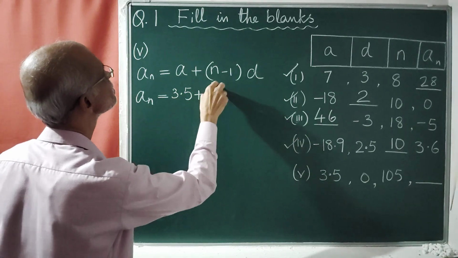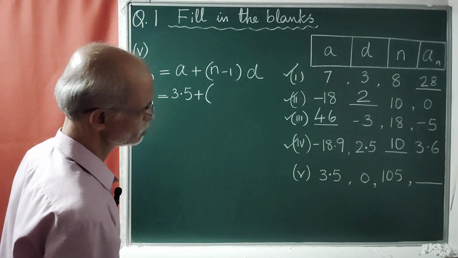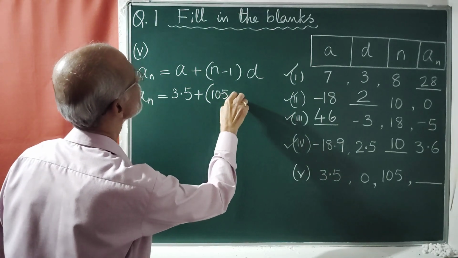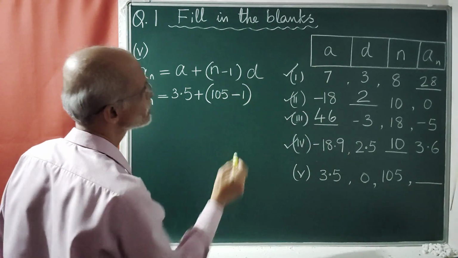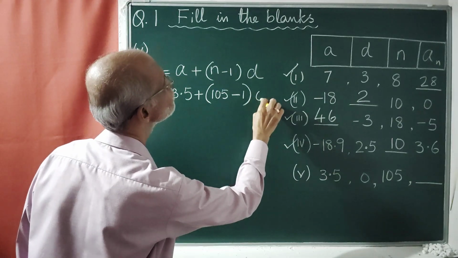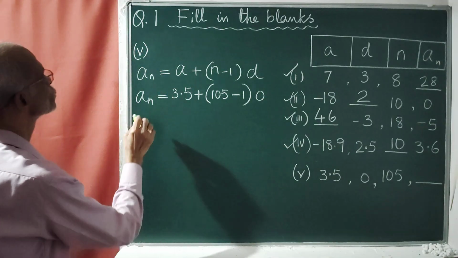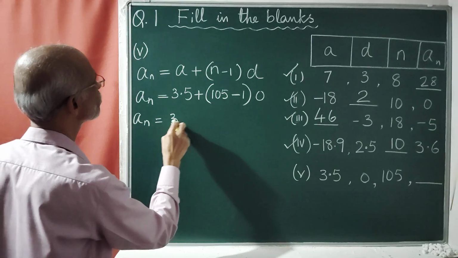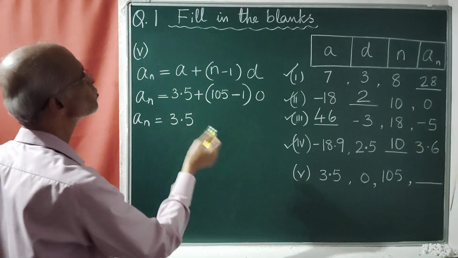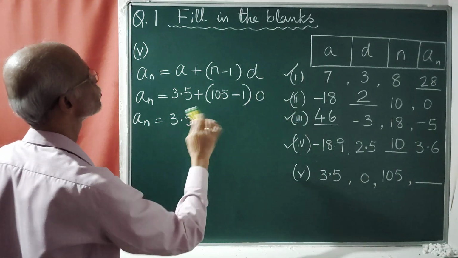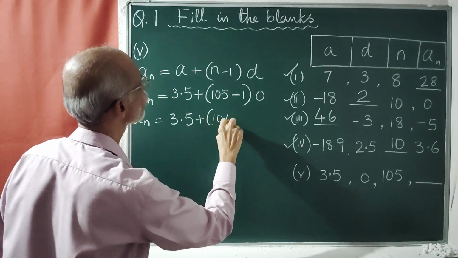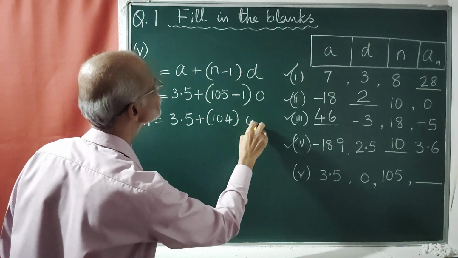plus N is what? 105 minus 1 into D is what? D is 0. So AN is equal to 3.5 plus 104 into 0.